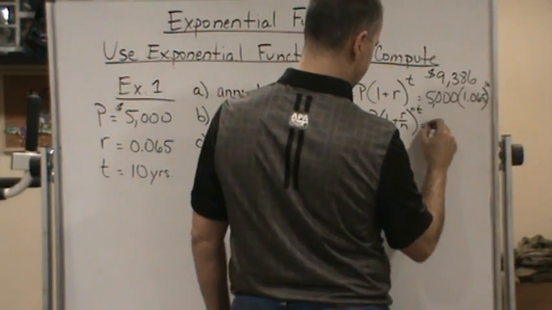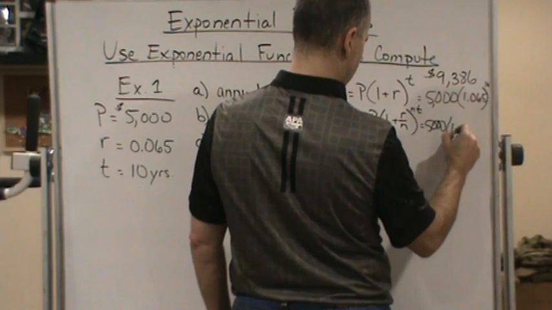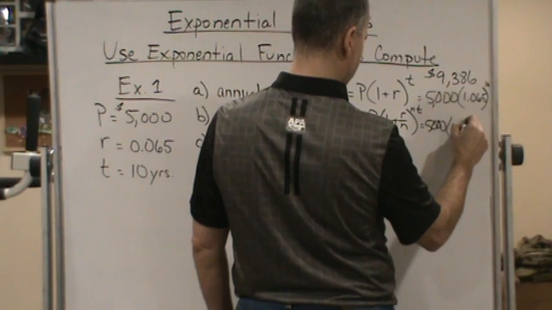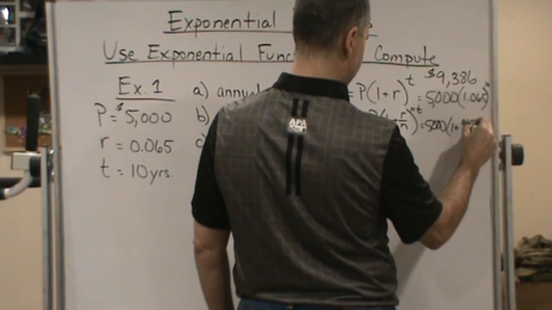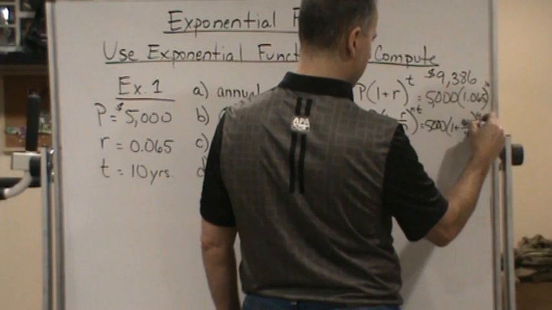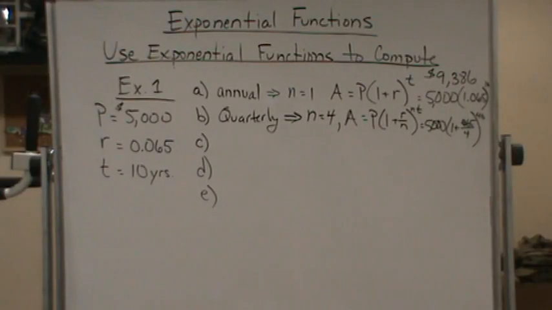So that's going to be 5,000 times 1 plus 0.065 divided by 4 raised to the 4 times 10, which would be 40. Okay, so now get our calculator.